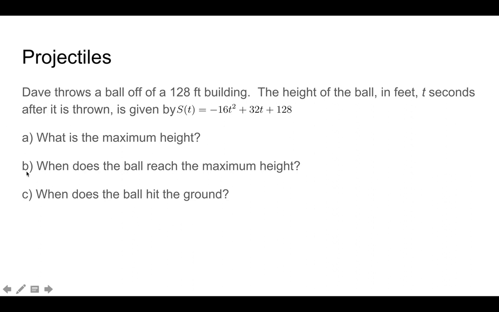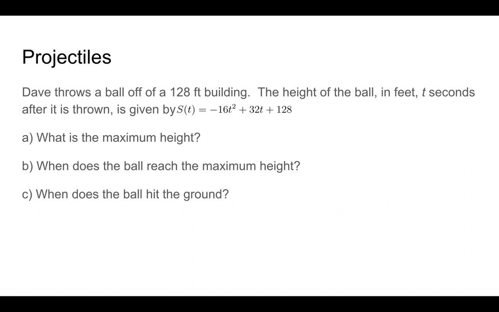So parts A and B together here. That's the vertex. Remember, vertex is a point, not a number, an x and a y. I don't have x and y here. I have t, time, and I have height, s. So the time is playing the role of x in the vertex.